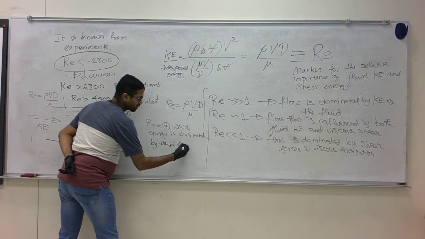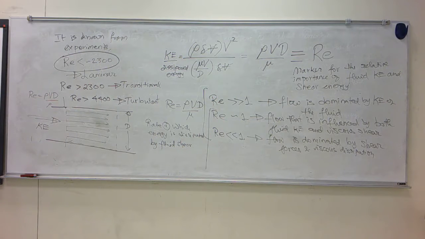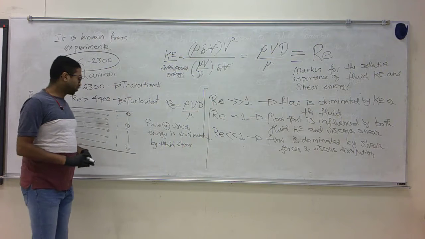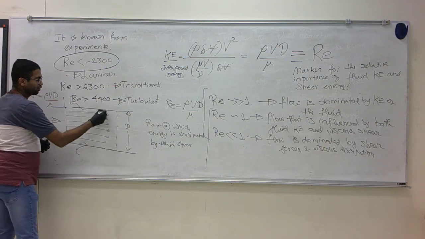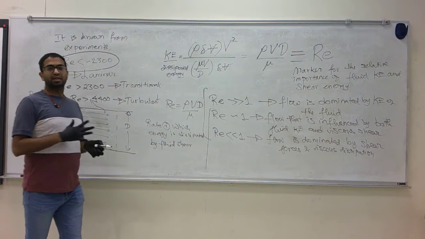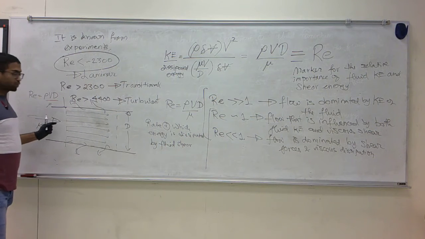If this rate is good enough to remove a sufficient amount of excess kinetic energy from the flow, by dissipation, let's say that you dump a certain amount of energy into the flow.